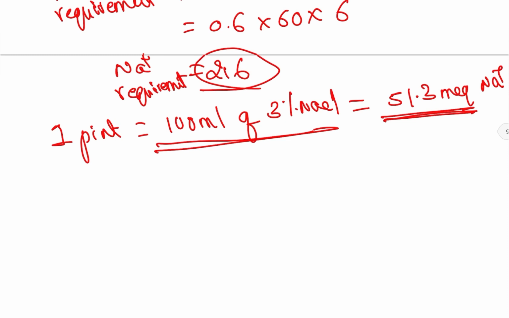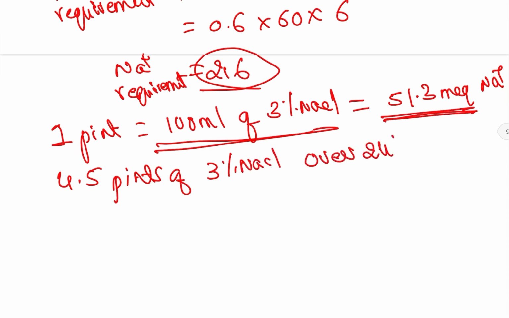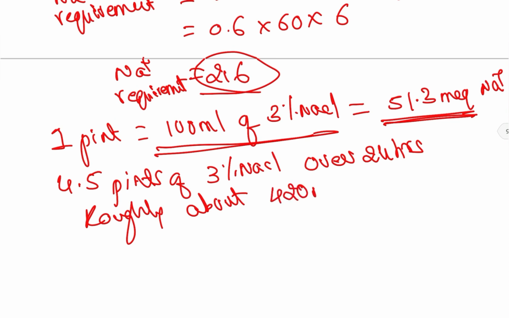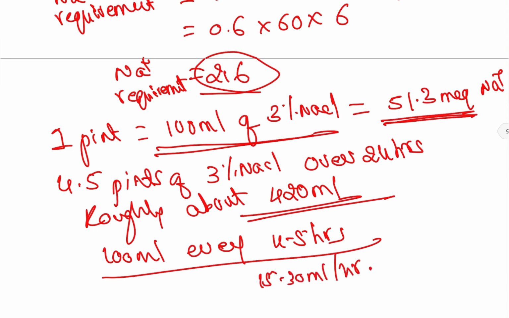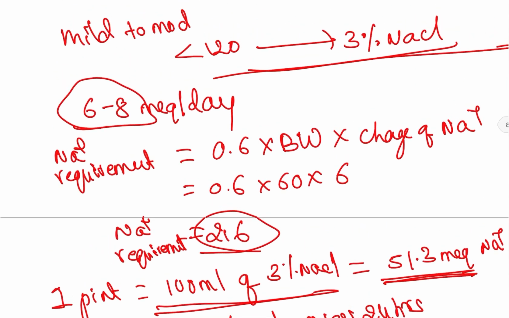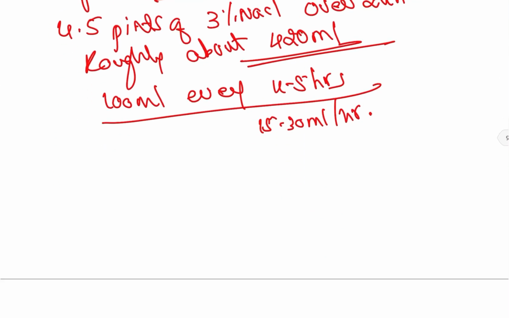So we will require at least 4.5 pints of 3% NaCl over 24 hours, roughly about 420 ml. That means about 4.5 bottles. So we can either give 100 ml every 4 to 5 hours, or 15 to 30 ml per hour is the rate of correction. This is for chronic hyponatremia with serum sodium less than 120.